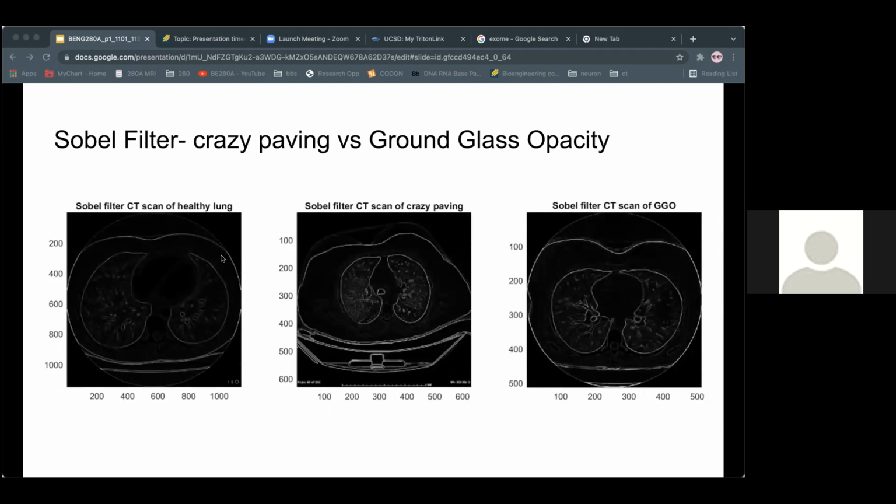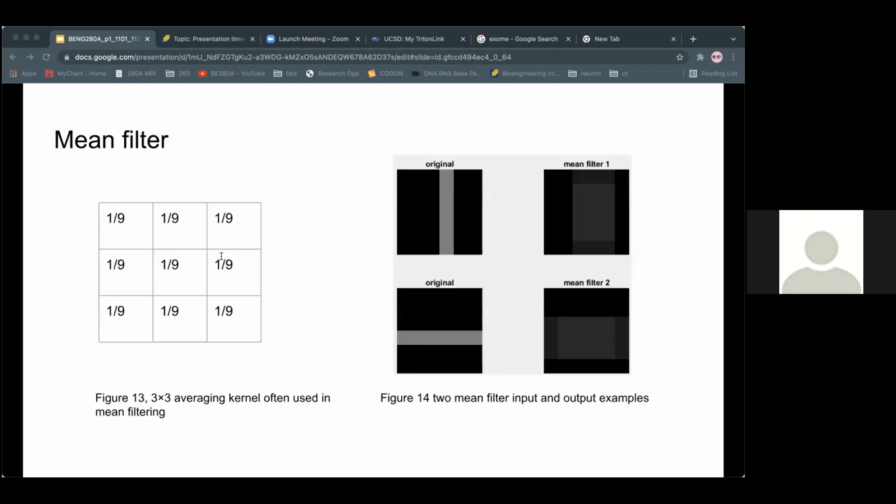Sometimes it's hard to tell the difference between GGO and consolidation in the original pictures, but when we apply this filter, we can tell the difference between them clearly. Because for the consolidation, there's a honeycomb structure in the area, but for the GGO, it's hard to tell something like that.